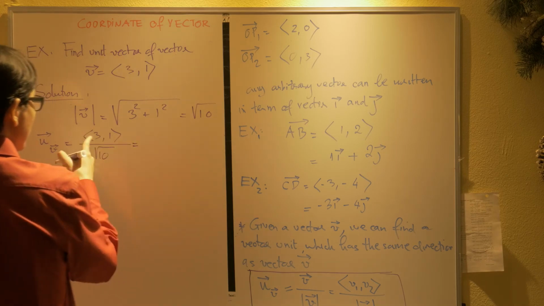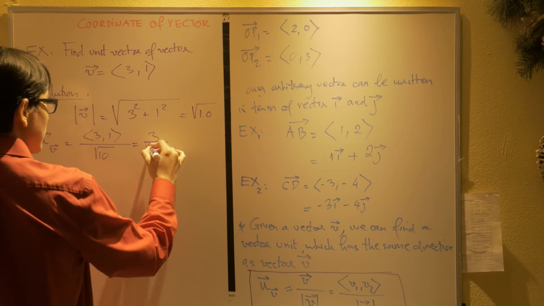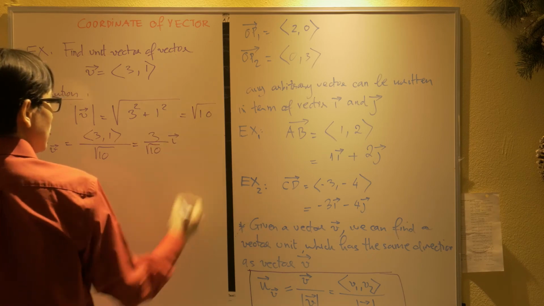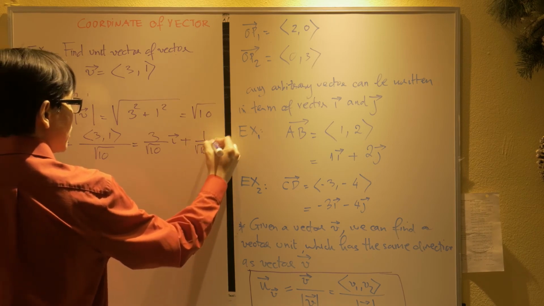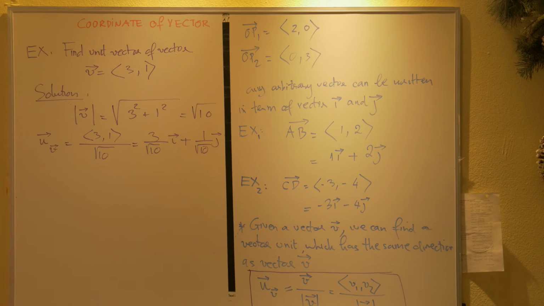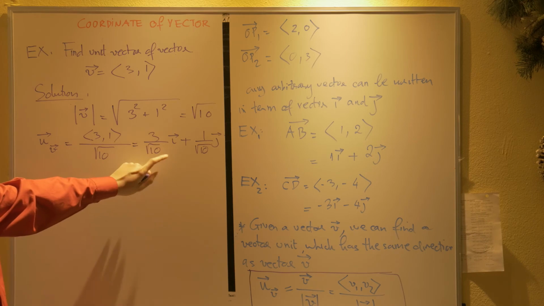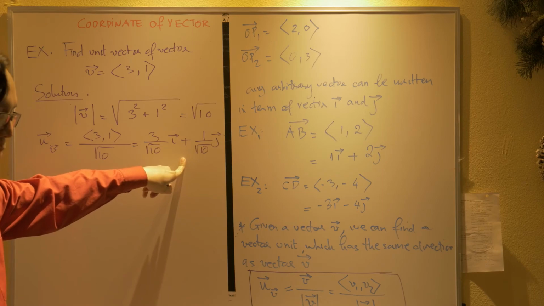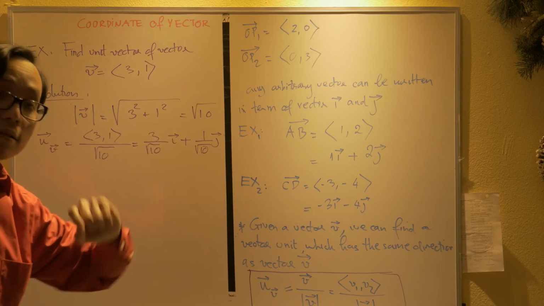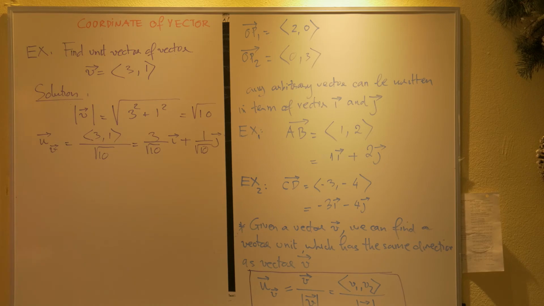So it will be 3 over square root of 10 i plus 1 over square root of 10 j. And because a unit vector is a vector, of course we can express that vector in terms of i and j. Sometimes i and j we call the basis vectors. If you read some textbooks, you may see that i and j might be called basis vectors.